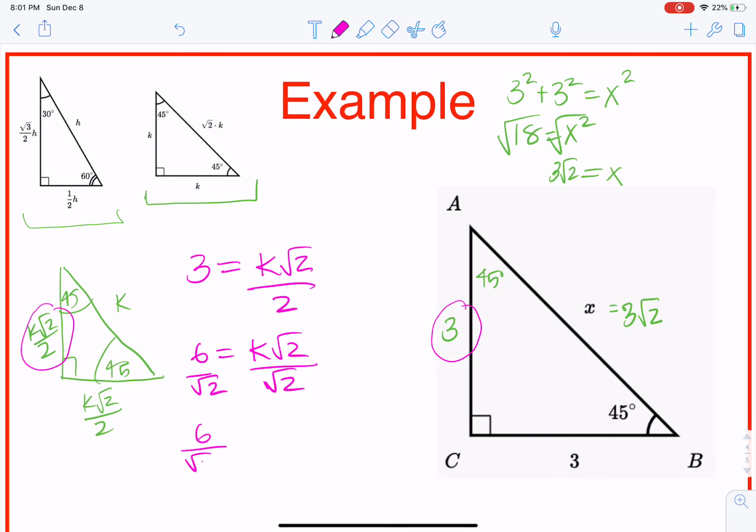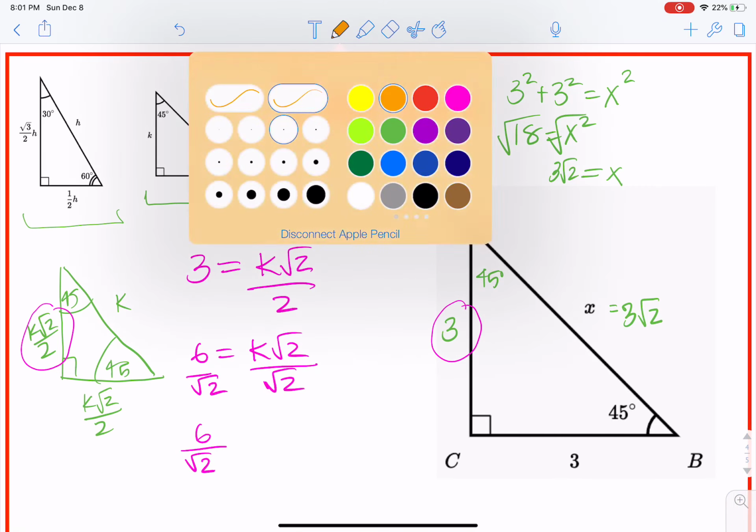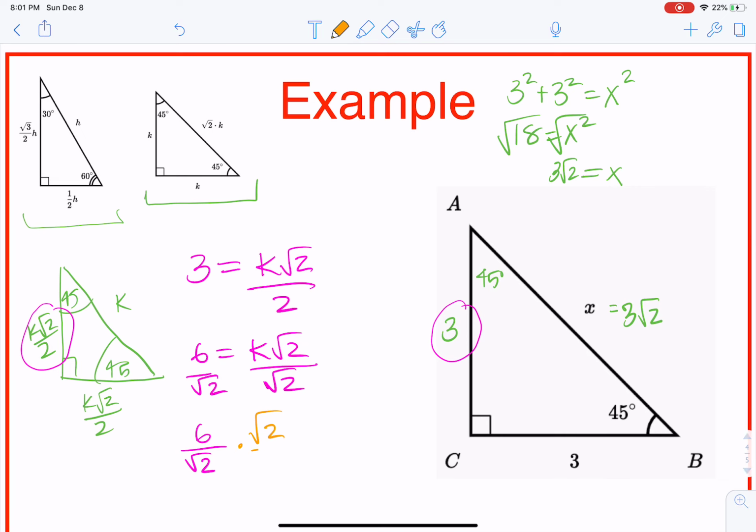And so 6 over root 2. And again, we'll rationalize this denominator here. So I end up getting 6 square roots of 2 over 2, which simplifies to 3 square roots of 2, which is exactly what I got using my Pythagorean theorem. So again, there are quite a few ways to do these problems.